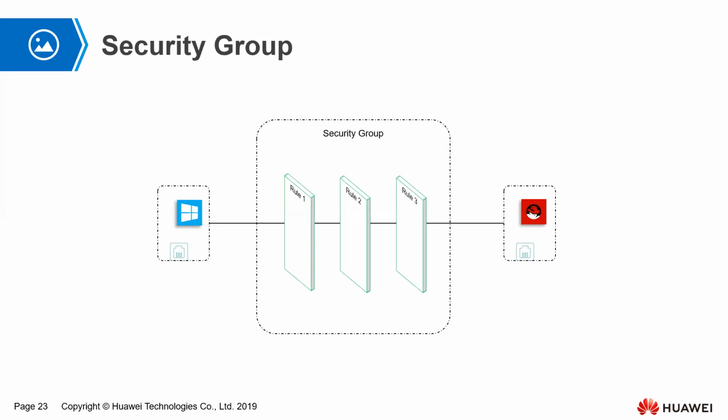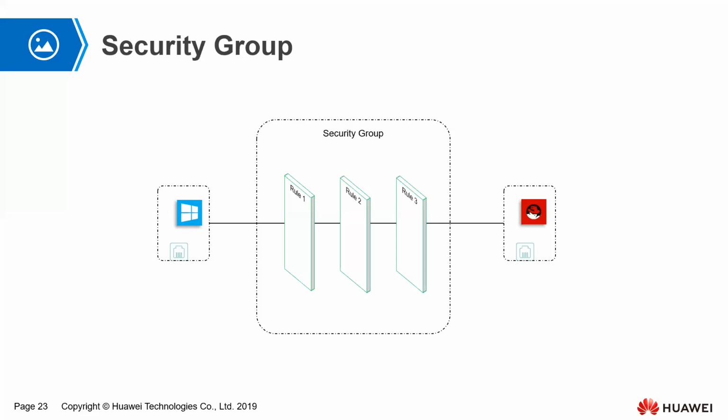As you're creating a virtual machine, you can choose to add it to a security group for isolation and access control. A security group is a logical group that consists of instances that have the same security protection requirements and trust each other in the region.